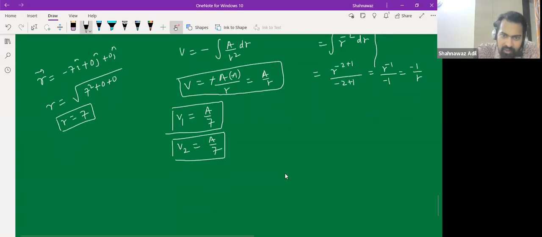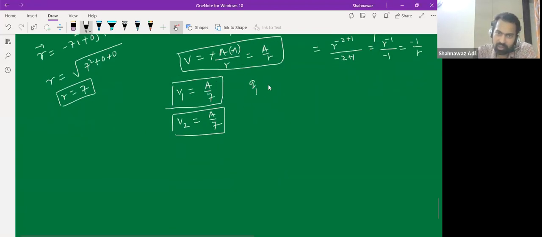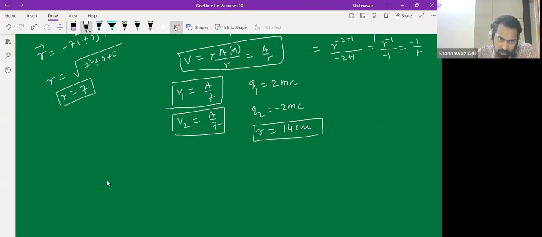So now we know V1 and V2 and we have Q1 and Q2. So we can calculate. Q1 is 2 millicoulomb and Q2 is minus 2 millicoulomb. And how much is the distance R? This is 14 centimeters. So U is Q1 V1 plus Q2 V2 plus K Q1 Q2 by R. So Q1 is 2 into 10 to the power minus 3, and V1 is A by 7.